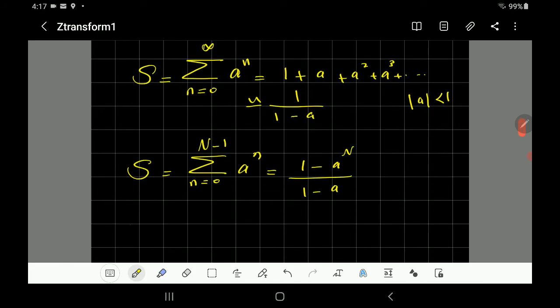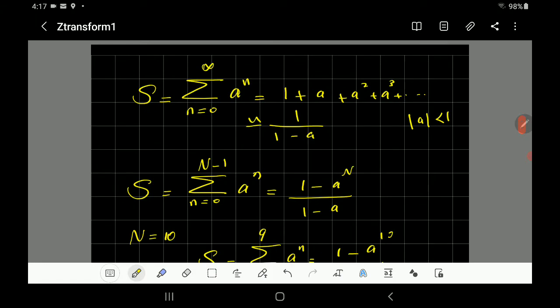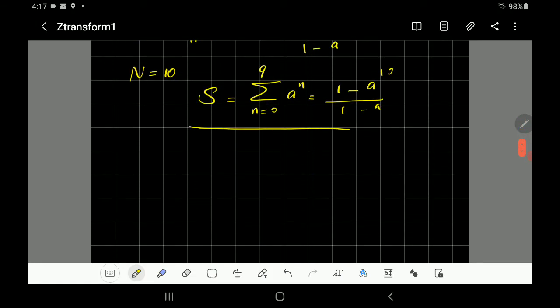For example, if you have n equal to 10, the summation for n equals 0 up to 9 of a power n will be equal to 1 minus a power 10 over 1 minus a. That's an example. So they are so important for evaluating a closed form of the Z transform.